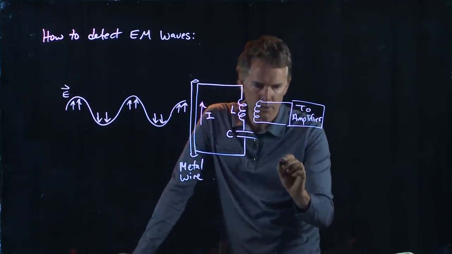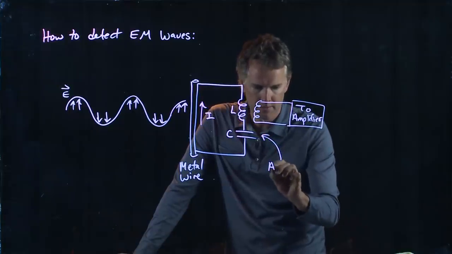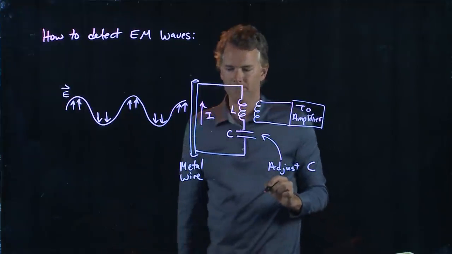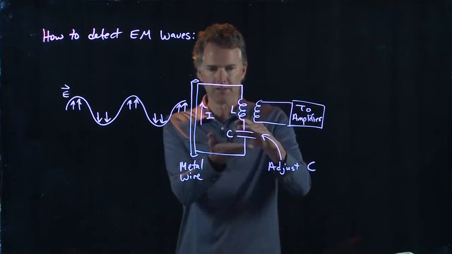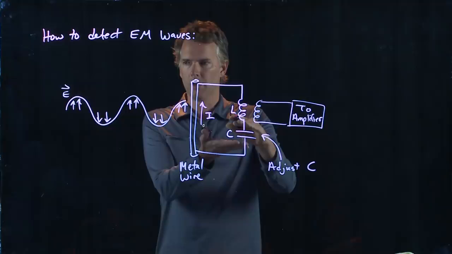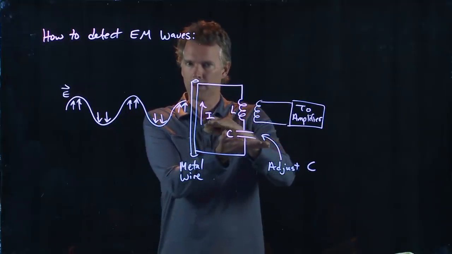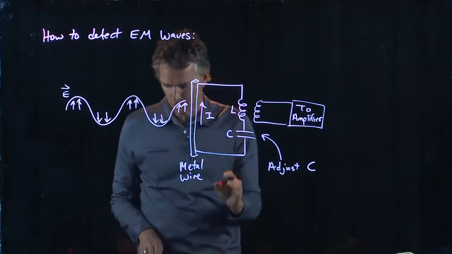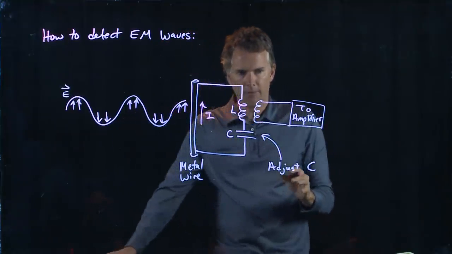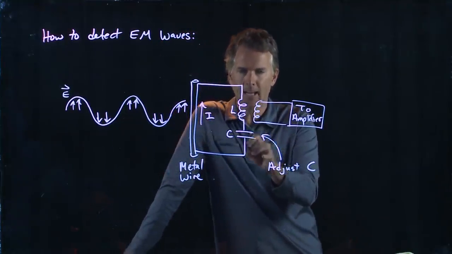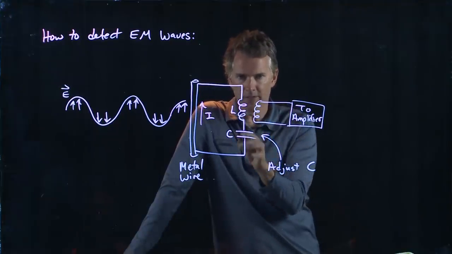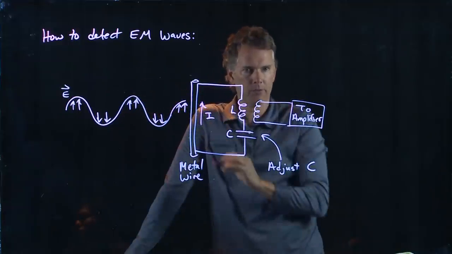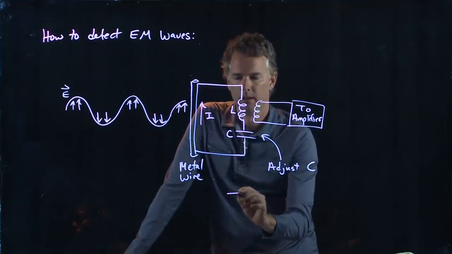And now we're going to adjust the capacitor. How do you adjust the capacitor? Well, you can move the plates relative to one another, and that will adjust the value of the capacitance. And if I do that, I can find a resonant frequency of this circuit that just matches the resonant frequency of the wave coming in.